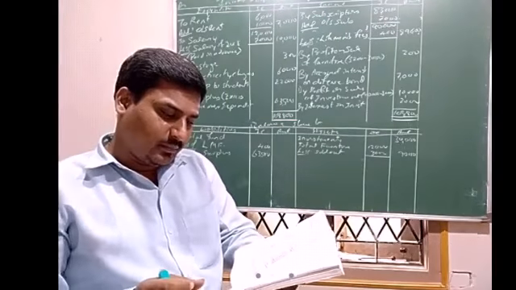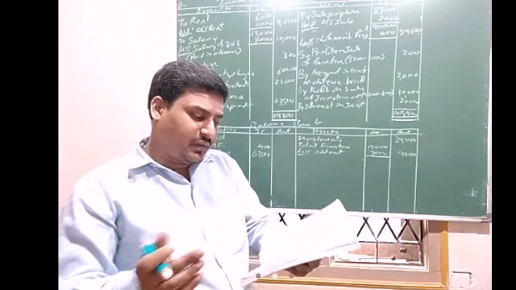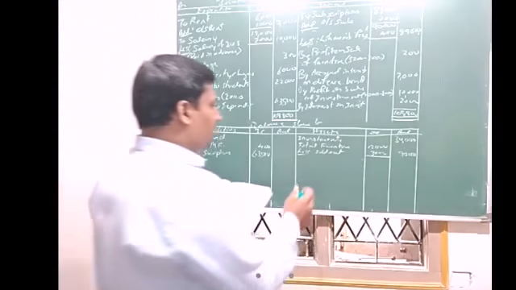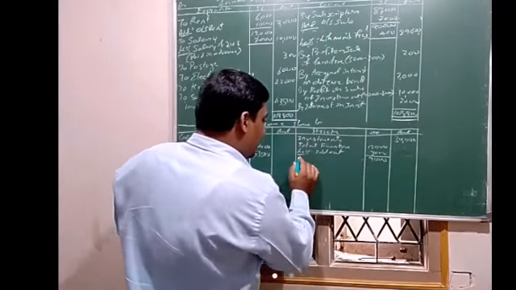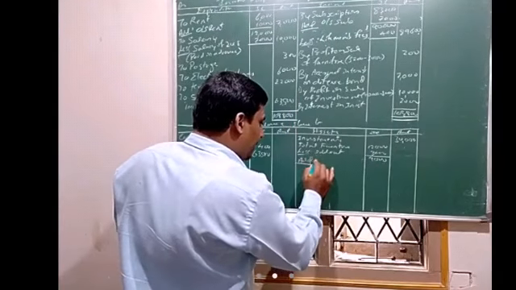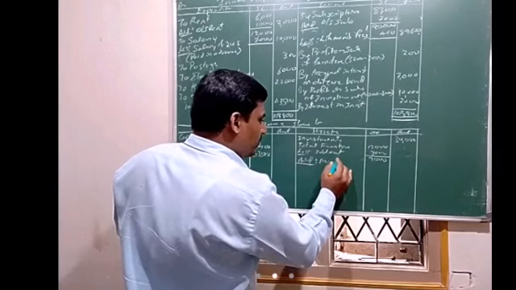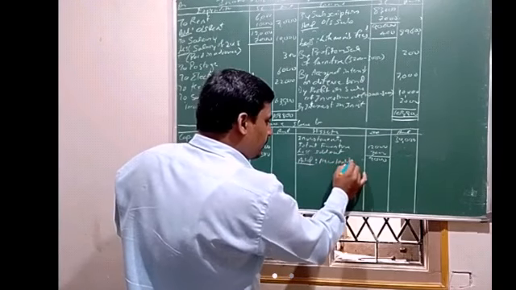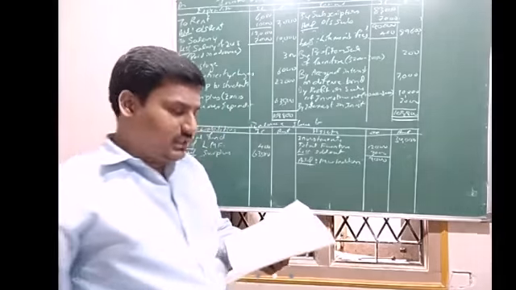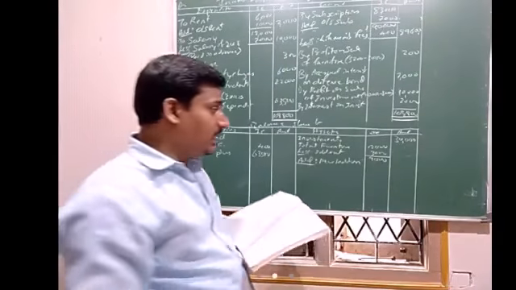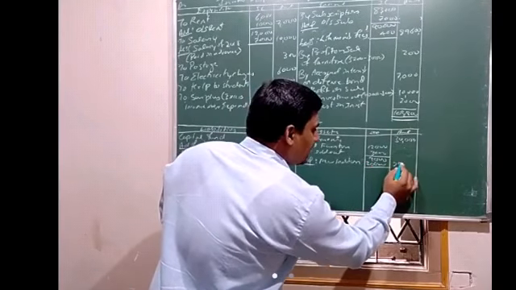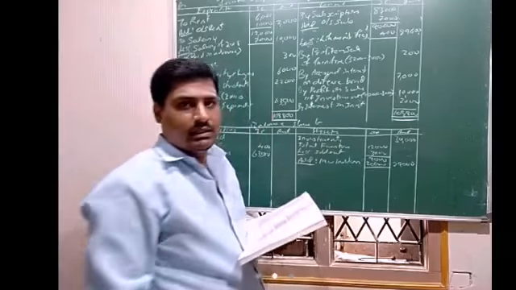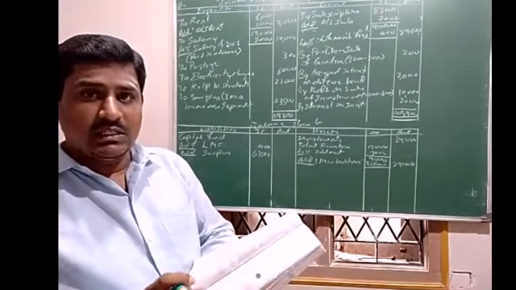And purchase of furniture, I forgot this one. We have less 9,000, add new furniture, addition. They have purchased new furniture of rupees 20,000. So total 29,000 furniture.